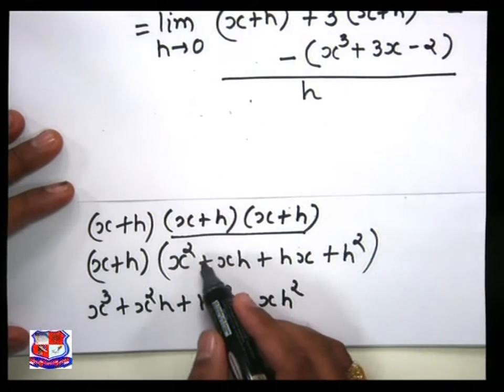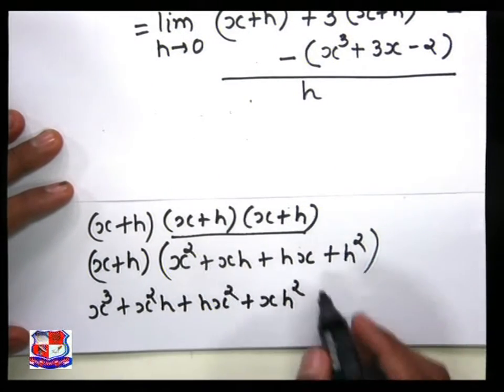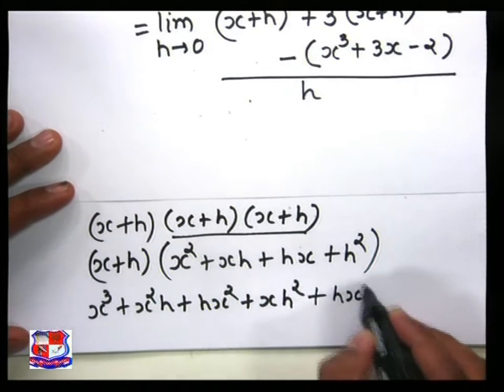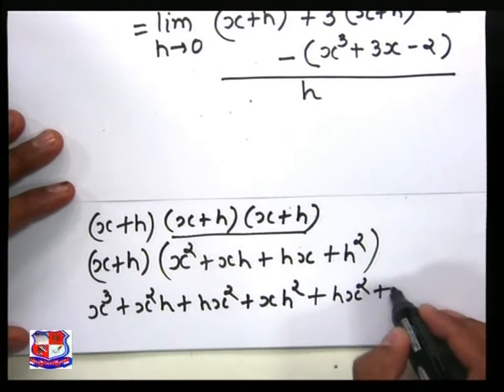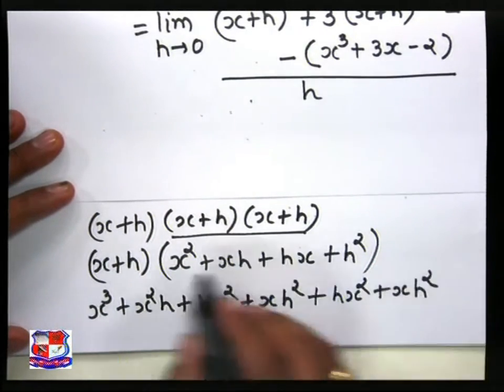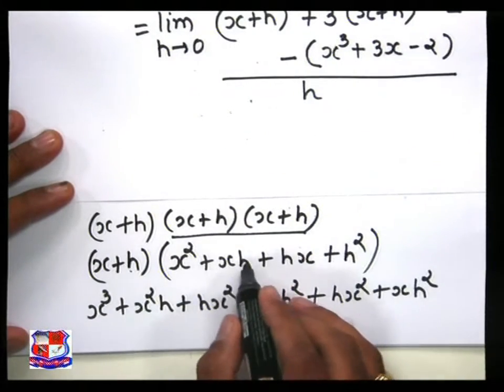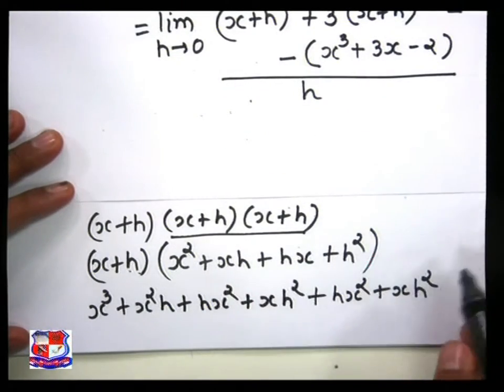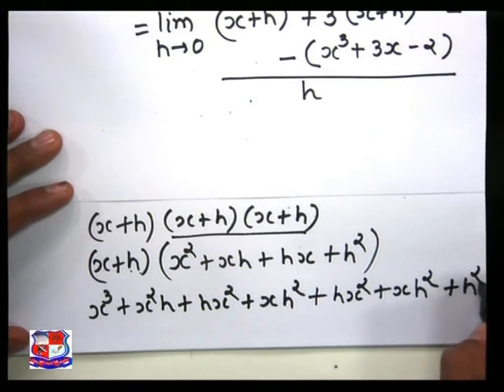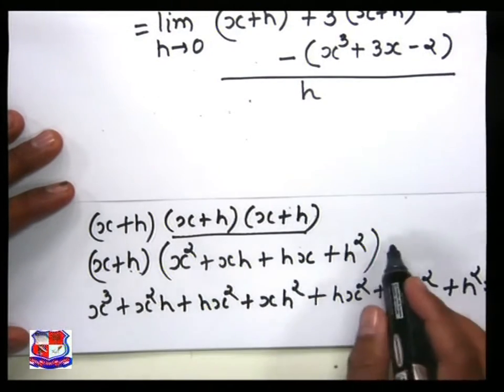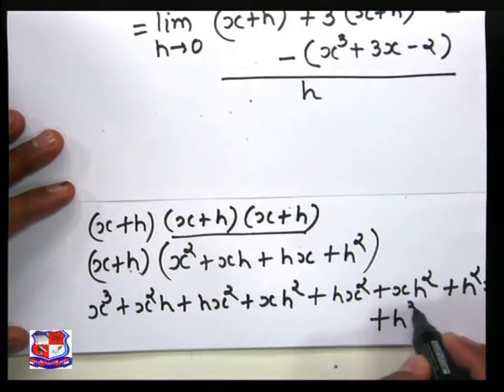Now it is time to simplify with h. So hx square plus xh square, h multiplied with xh, h into hx becomes h square x, and h into h square becomes h cube.